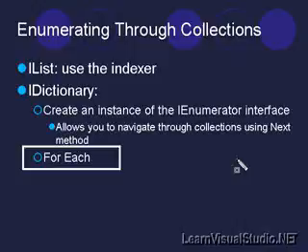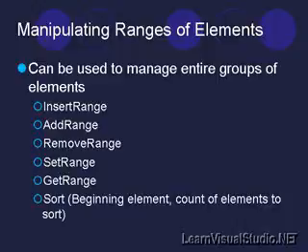And finally, some of the collections, not all of them, allow you to manipulate groups or ranges of elements within a collection. This can be used to manage more than one element at a time. So you can insert a group of elements in a specific spot, or add a range of elements to the very end of a collection. Or you can remove a whole group from item 3 through 7. Get rid of all those items.